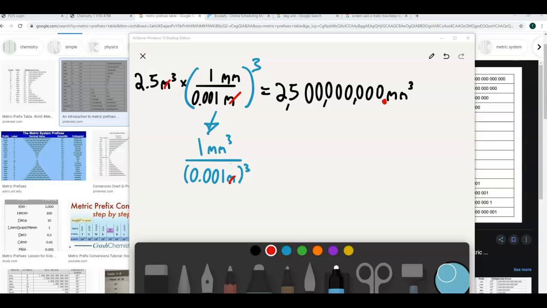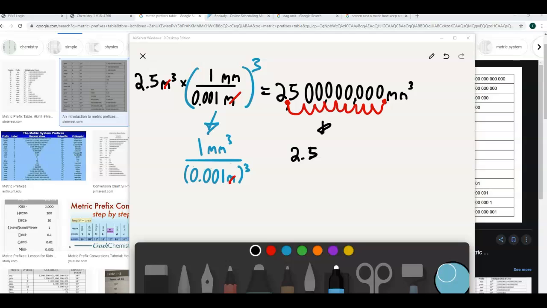Here's what I mean by that. I'm going to keep going 1, 2, 3, 4, 5, 6, 7, 8, 9. All right. If I put a decimal point right there, what would this number change to? I believe it would change to just 2.5, right?